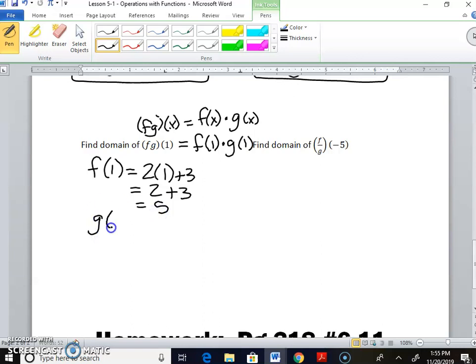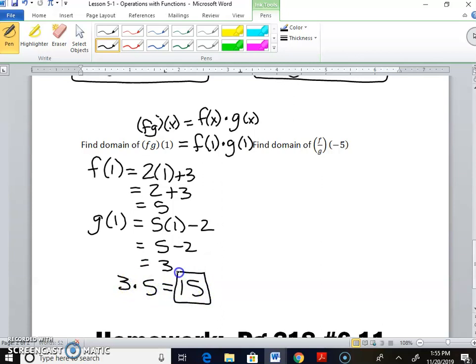And then I can look at g of 1. g of 1 is going to be f of 1 minus 2. So that's going to be 5 minus 2, and that equals 3. So my answer is just 3 times 5, 15 would be my answer for that problem up there.